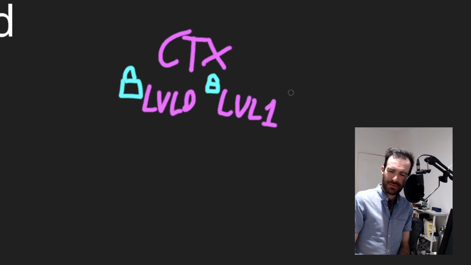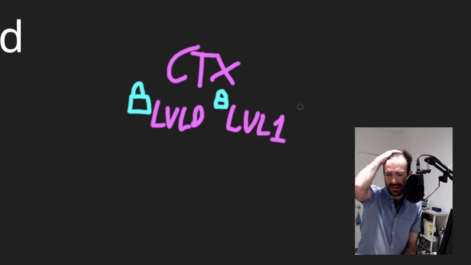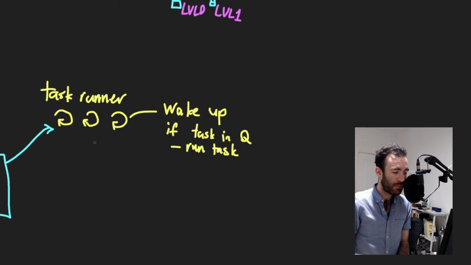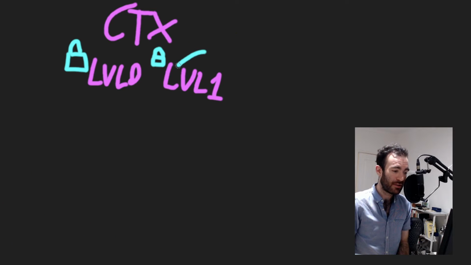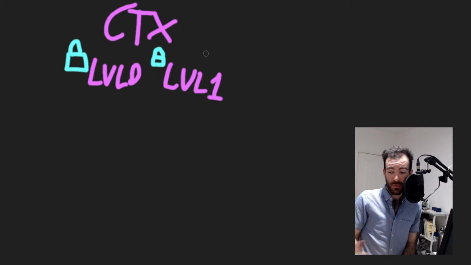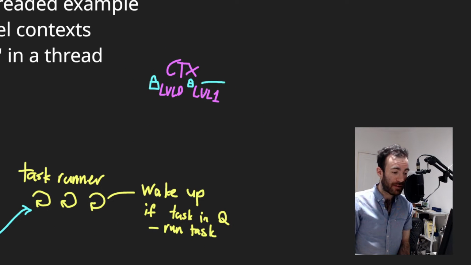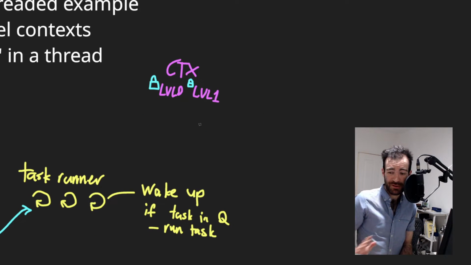If we're reading it in any way, we need to try and get this lock. So when we're loading a level, we're going to first lock the level. If we can't lock the level, we can't load data into it. Similarly, when we're updating and drawing, if we can't lock the level, we don't do it.